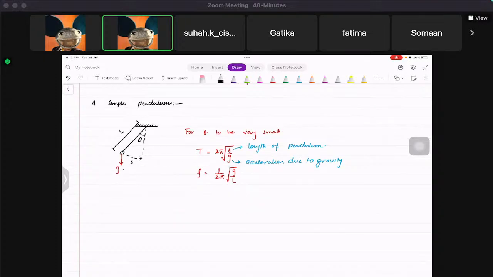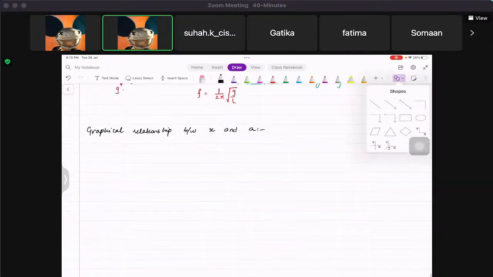Okay. Now the real thing that we're going to do is the graphical relationship, and a lot of questions about this will come. Graphical relationship between displacement and acceleration.